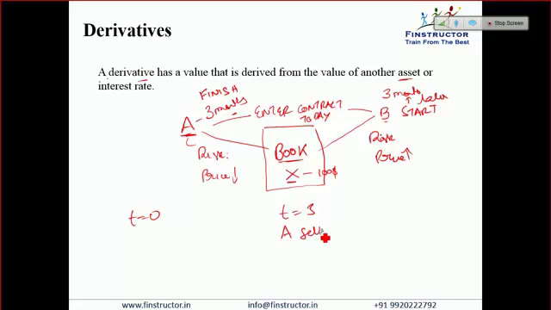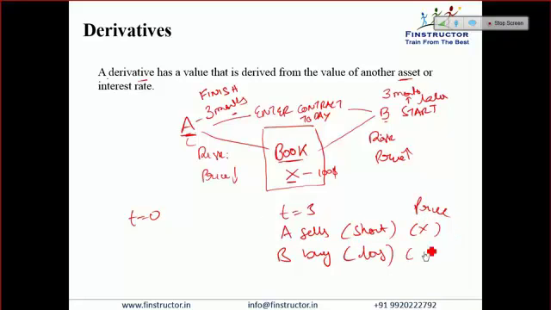A sells, so A will be said to be short the contract or short the book. B will buy and will be said to be long the contract. The price is pre-decided, and both of them will do it at the price of X, and the time is also pre-decided, that is 3 months later.